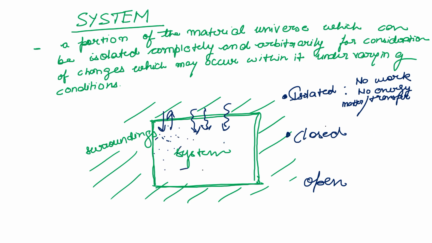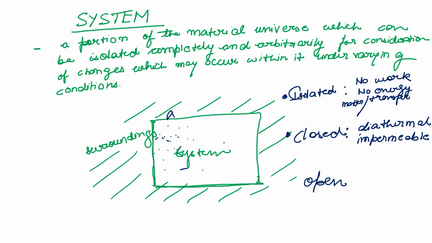So a closed system is diathermal but impermeable. Now what do we mean by this?